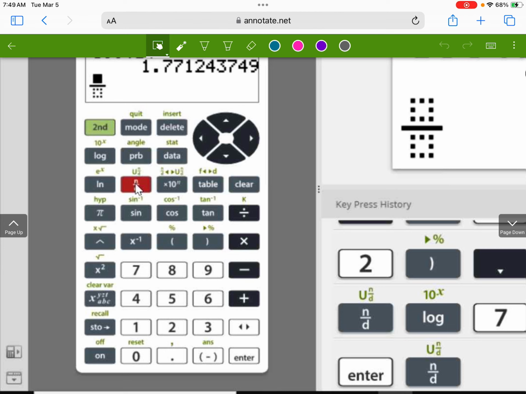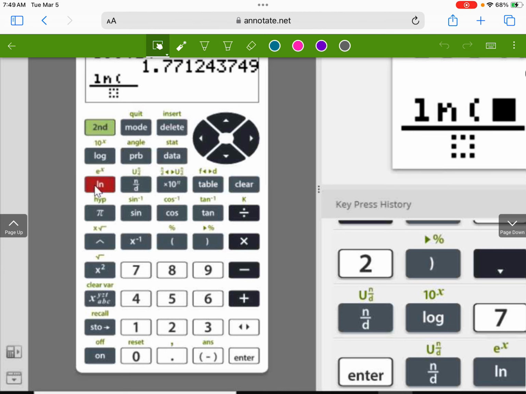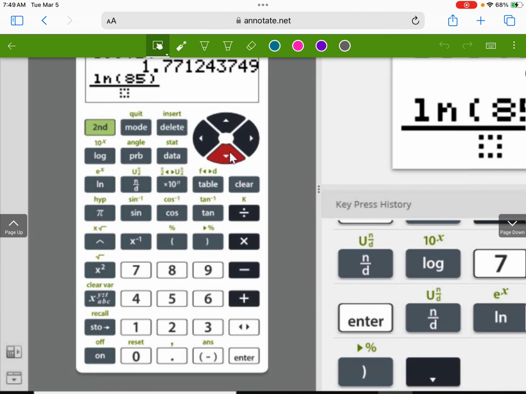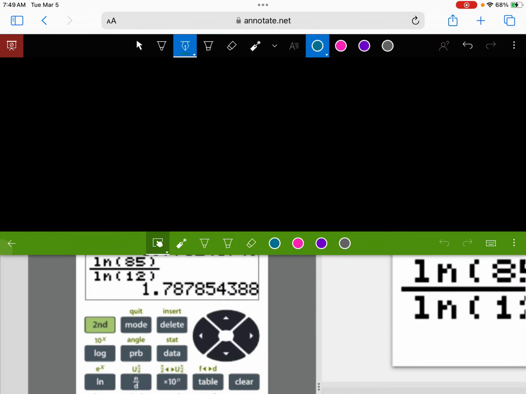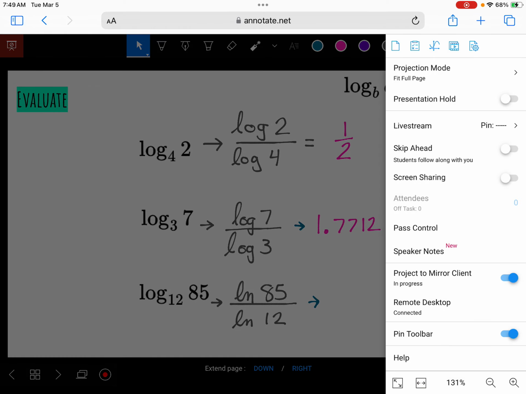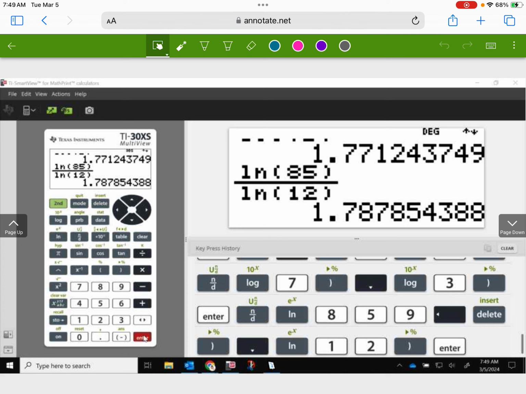The fraction, the natural log's right here, underneath the log button. 85 over the natural log of 12, I think. All right. Yay, I'm remembering right. I couldn't remember. So we're again going to take 4 decimal places. 1, 2, 3, 4. This makes it round up, so we have 1.7879.